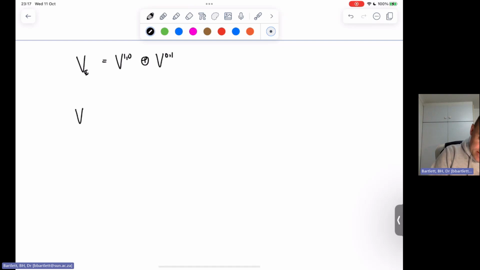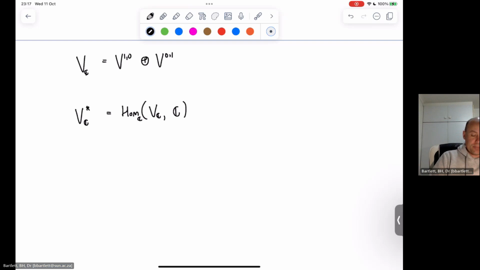Now what I want to understand is the dual space of V, right? What do I mean by that? I just mean Homs from this vector space to the complex numbers. This is a complex vector space, so I mean complex linear Homs.